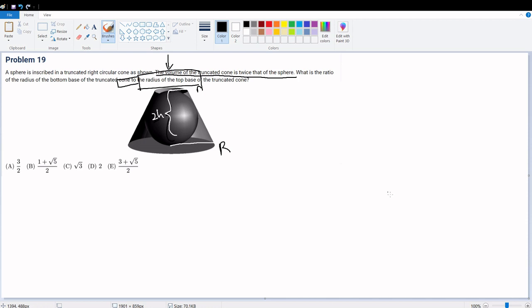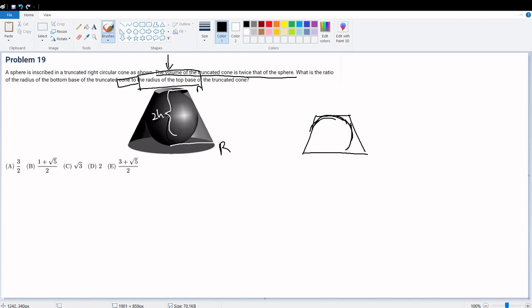If we imagine it, the cross-section of a truncated cone would be a trapezoid, since the cross-sectional area of just a cone is a triangle, and we just cut off the top, which is another triangle, which makes a trapezoid. And of course, the cross-sectional area of a sphere is a circle. So we have a circle inscribed in this trapezoid.